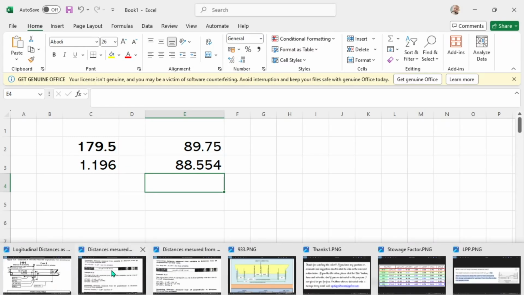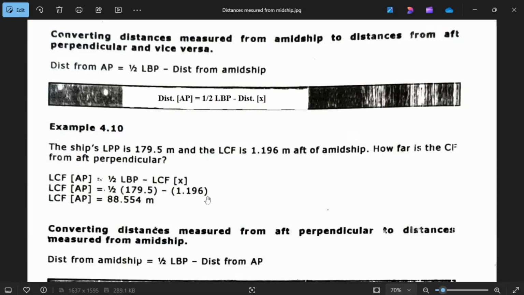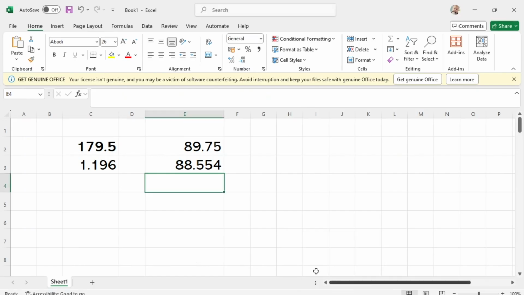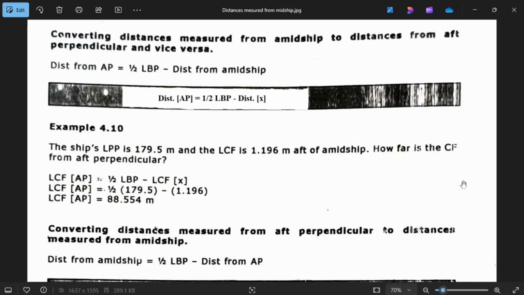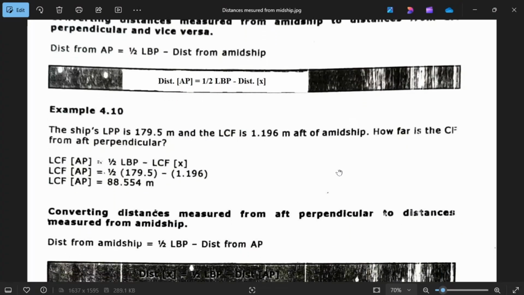You subtract it, and the LCF from upper perpendicular will be 88.54. That will be this one, okay? So I think that's clear. Then we go back to the other one.